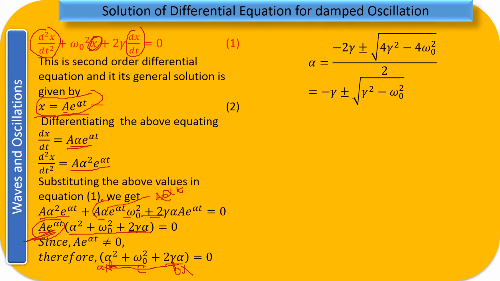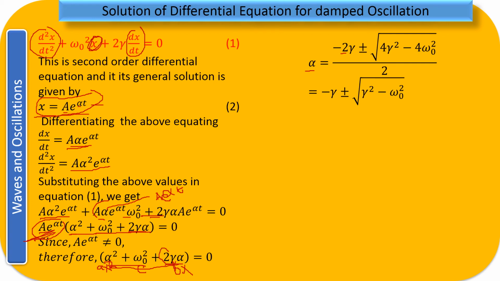So what can I find out? I can find out the value of x, which here in this case is in the form of alpha. The quadratic equation is in the form of alpha. So what will be the value of alpha? Minus b plus minus root under b square minus 4ac upon 2a. So minus b is equal to minus 2 gamma.